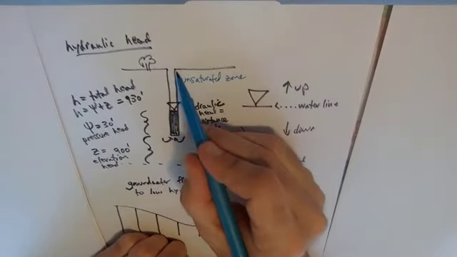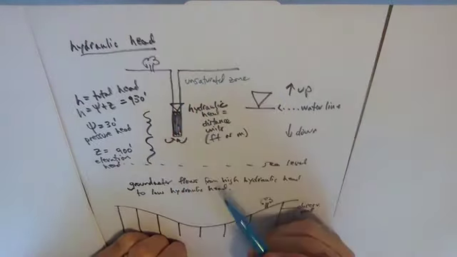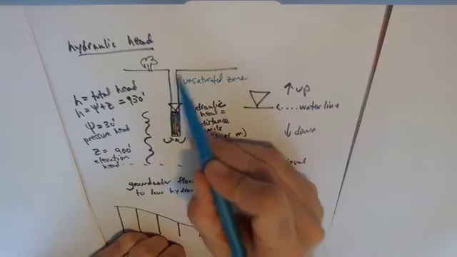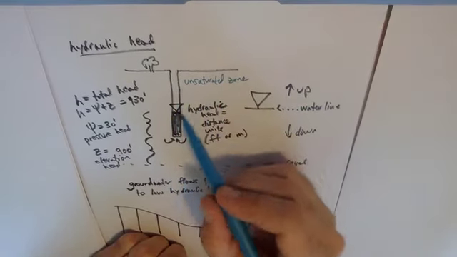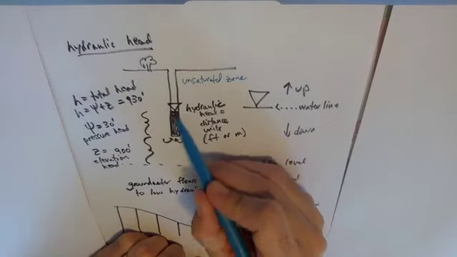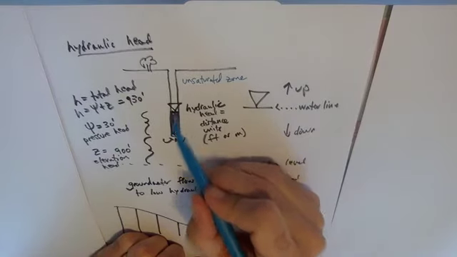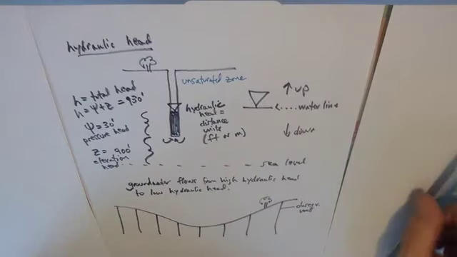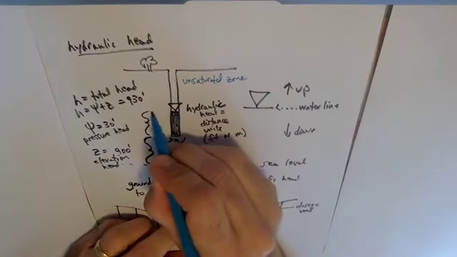So when you dig a hole, the water doesn't necessarily run out of the soil and fill up the hole. It's only when all of the pores are filled with water that when you dig a hole, water runs out of those pores and fills that well. So this is called the unsaturated zone.